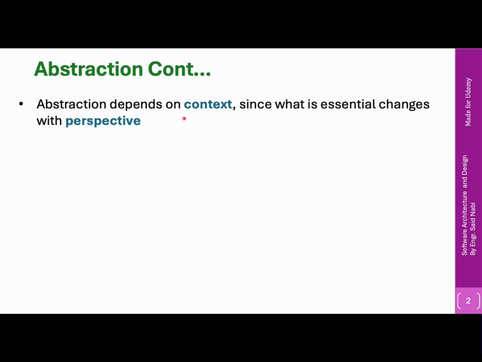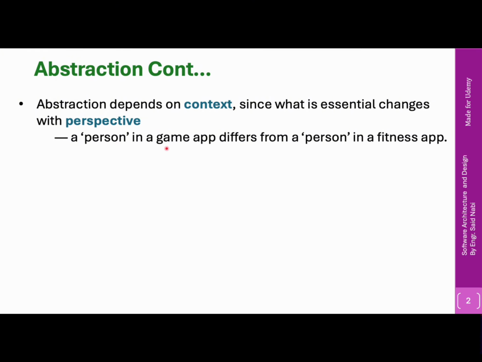Okay, let's talk more about abstraction. Abstraction depends on context. The same person can have different abstractions. It totally depends upon the context, since what is essential changes with perspective. For example, a person in a game app differs from a person in a fitness app.